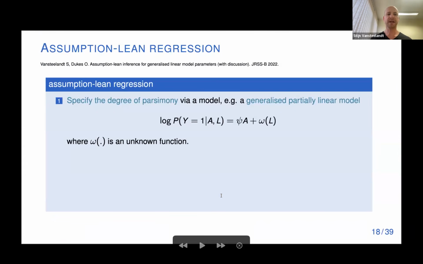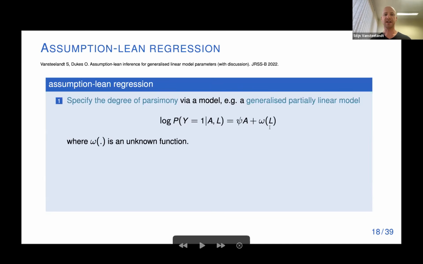The first step will be to specify the degree of parsimony that we want to use by means of a model, which could be a generalized partially linear model. So here, on the scale of the log link, I assume that the chance of success, say, is linear in the exposure, and I'm not going to specify how that relates to the covariate data.